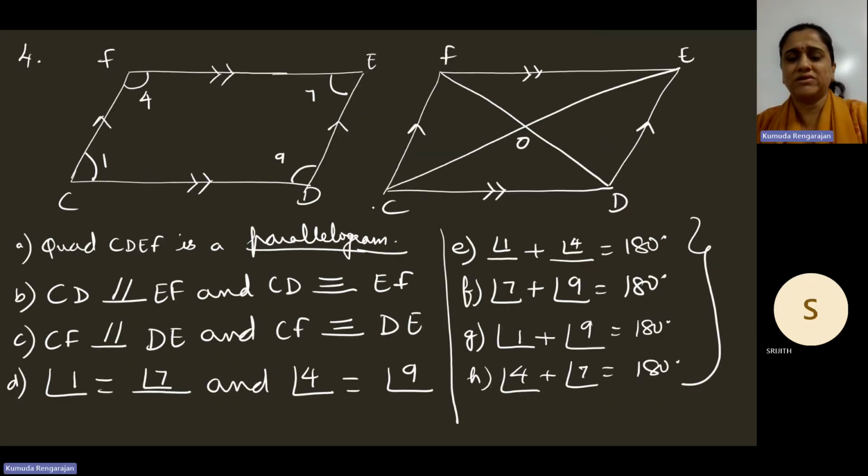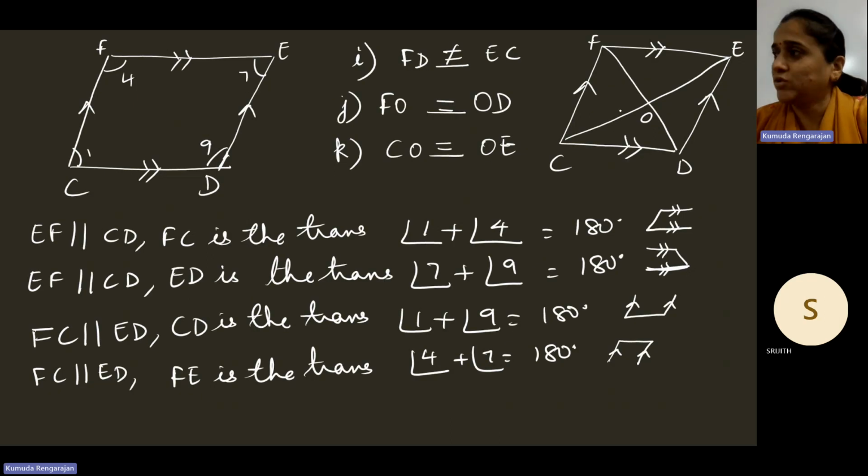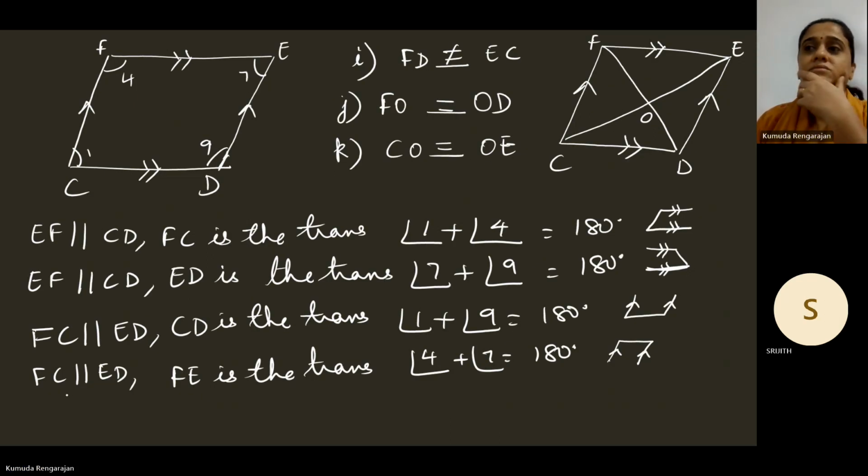It was in the previous slide. I will do it again for you. So are the diagonals equal in a parallelogram? No. And do the diagonals bisect each other? Yes. Okay.